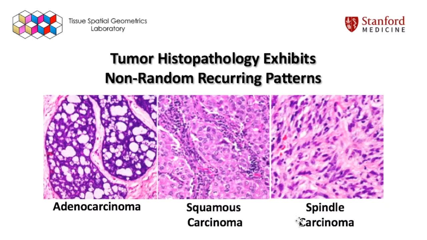However, beyond gross morphological features such as the ones before you, it is difficult for the pathologist, the human eye, to pick out subtle patterns of order inside a tumor. Thus, it is difficult for pathologists to subclassify each of these categories into distinct subtypes that may have different response to therapy or different prognostic outcomes.